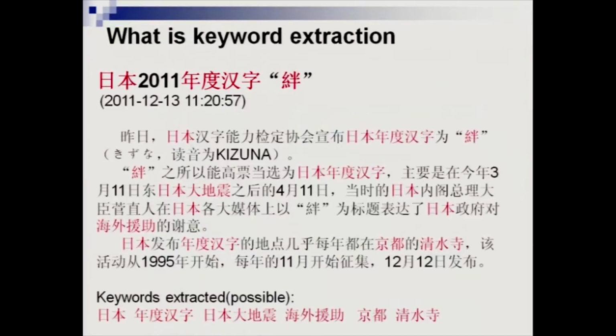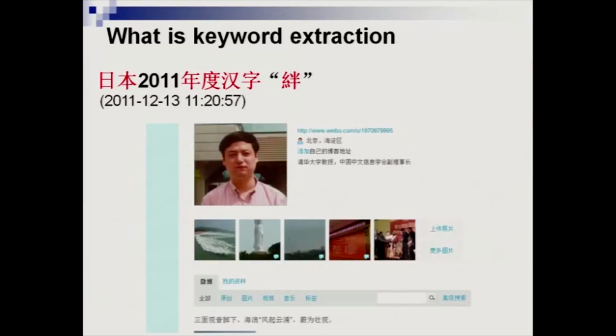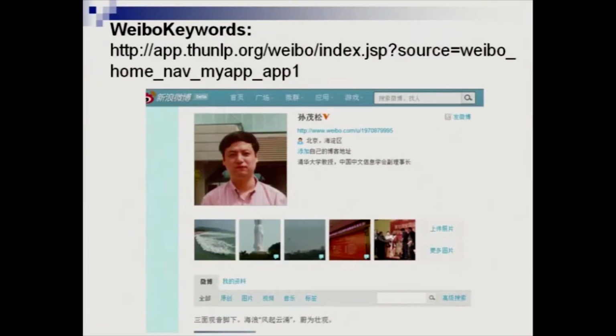So we have done some work in keyword extraction, and to test the performance of the system, we also constructed an application on the Sina microblog website. Sina is similar to Twitter.